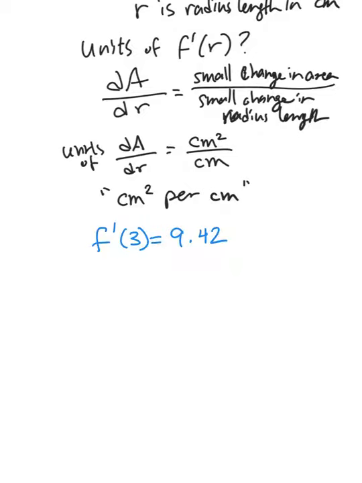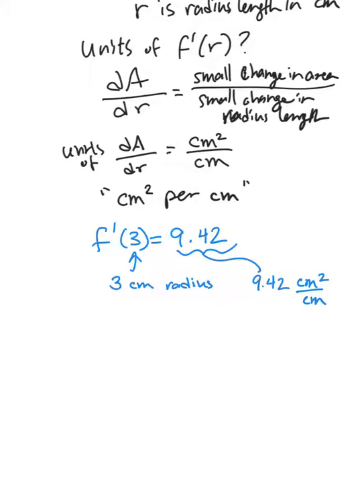Well, let's first figure out what the 3 means. The 3 is an input, and so the 3 is talking about 3 centimeter radius. And that 9.42, that's talking about 9.42 square centimeters per centimeter.